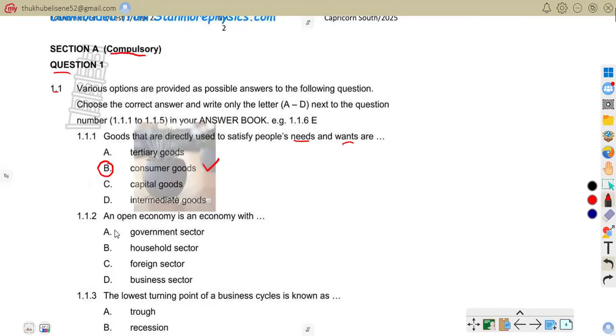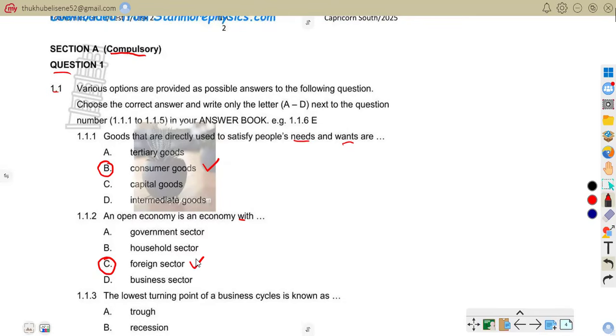Now let us move on to 1.1.2. An open economy is an economy with, here we're talking about what? An open economy, not a closed economy. We're given four options: A is government sector, B household sector, C foreign sector, D business sector. The correct answer is C, foreign sector.